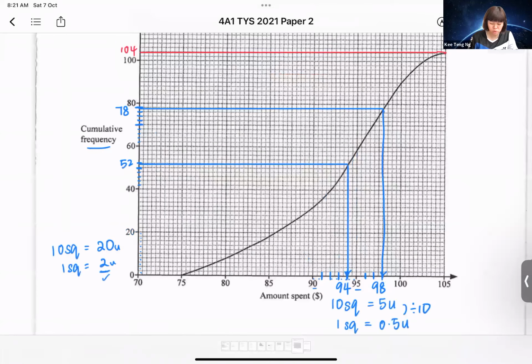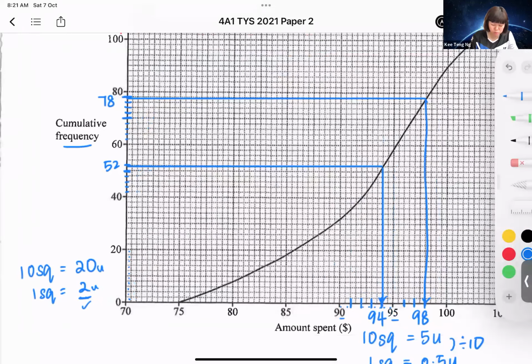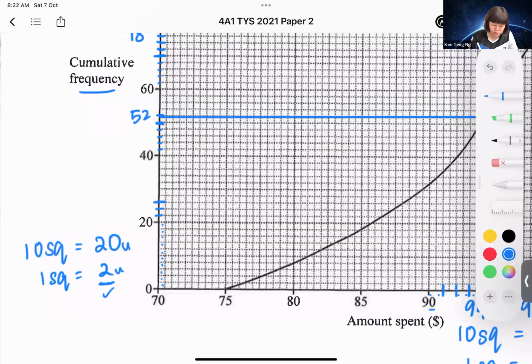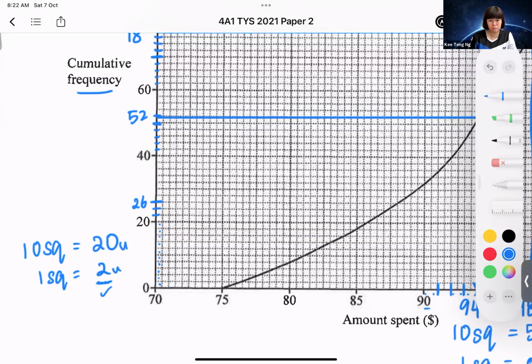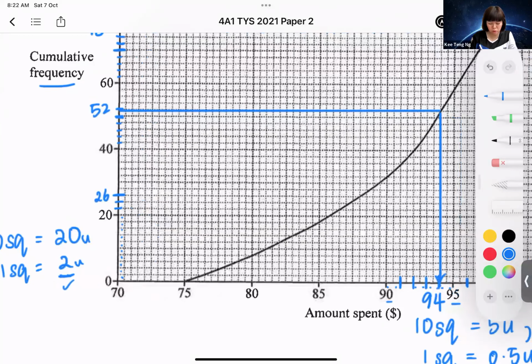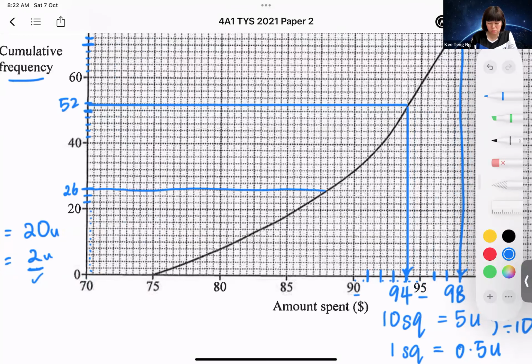Okay, so they want the number 26. 1 square represents 2 units, 2, 4, 6. So this is the number 26. Then we draw our line across and touch.